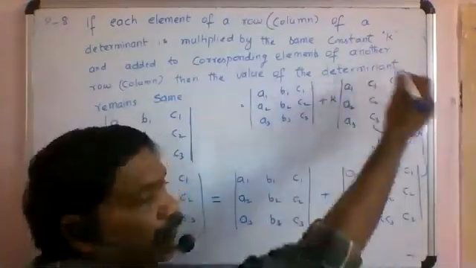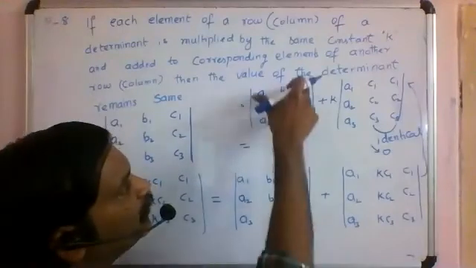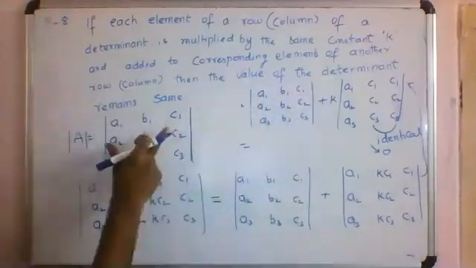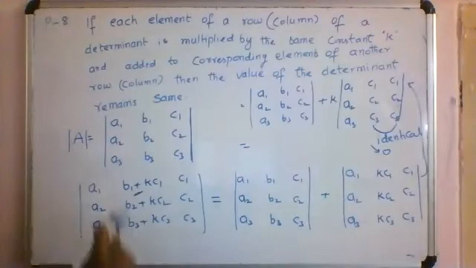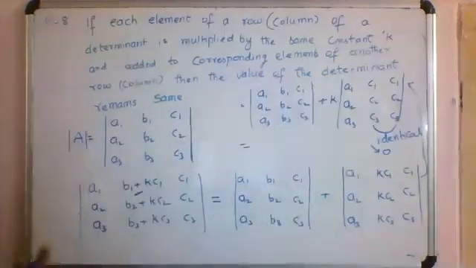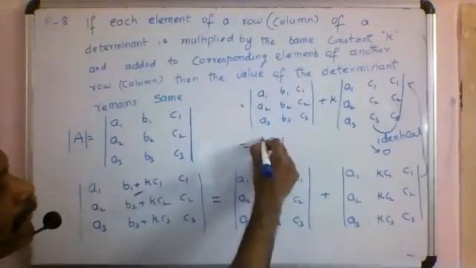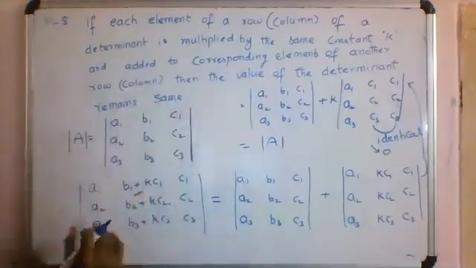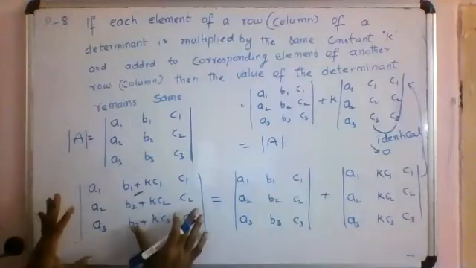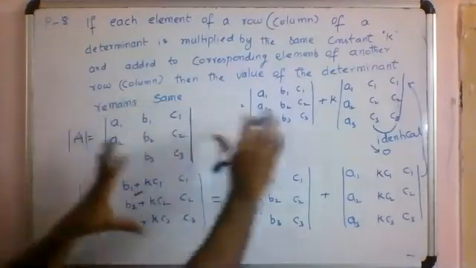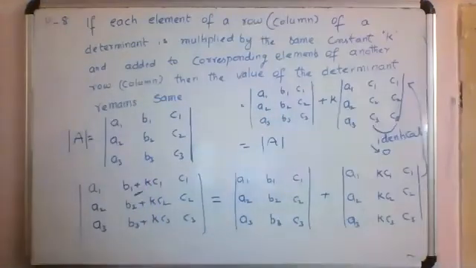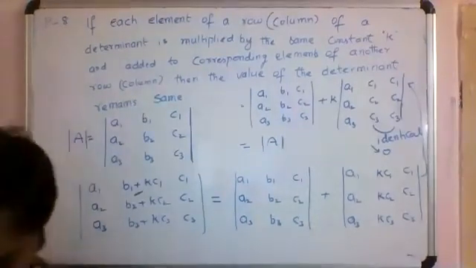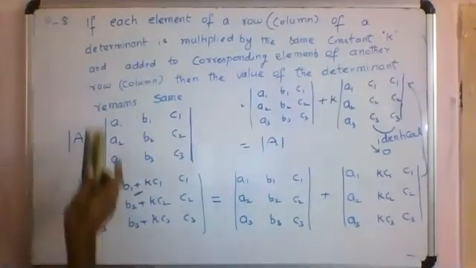So this term vanishes, and we are left with only the first one, which is nothing but our original determinant, det A. That is what he said. It remains the same; nothing changes. Note it down. I hope you understood. Now let us see the next property.